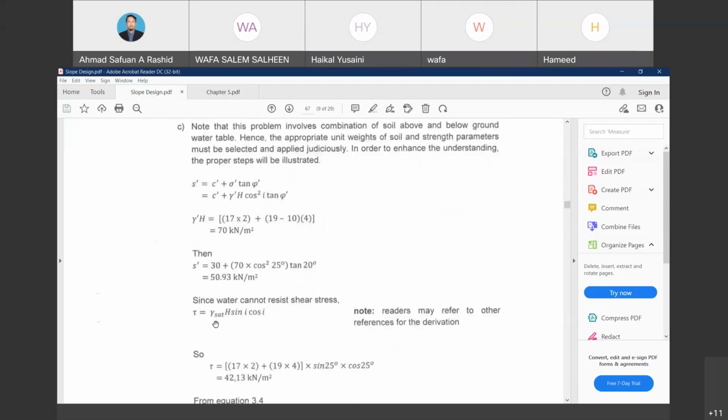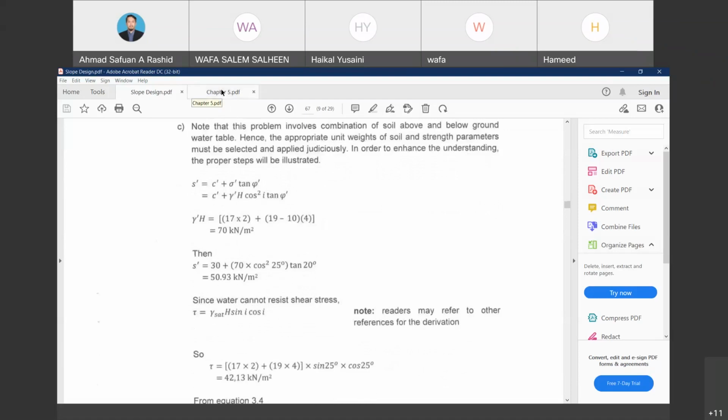For the tau, since water cannot resist shear stress, there is no need for us to use the effective stress. The effective stress approach is only for the compressive situation. The reader may refer to another reference for the derivation.